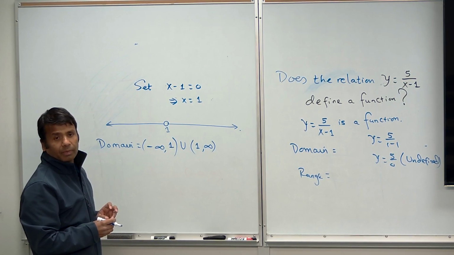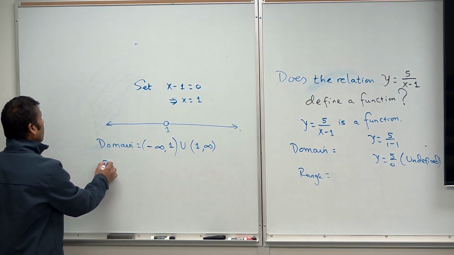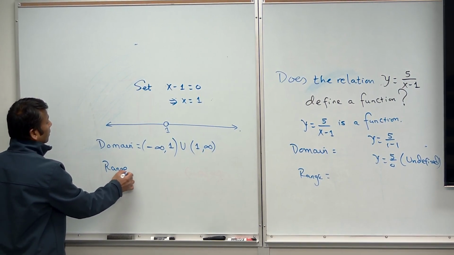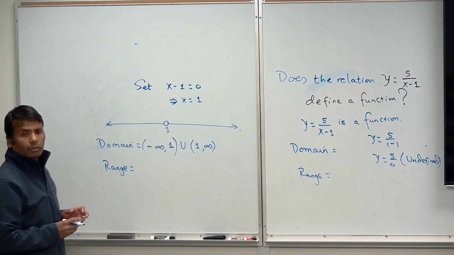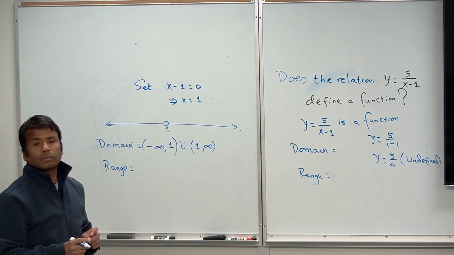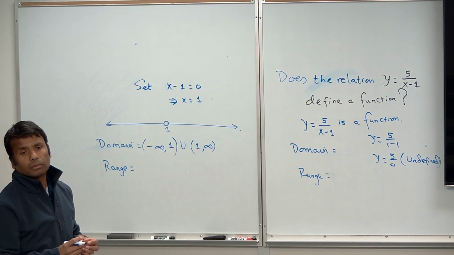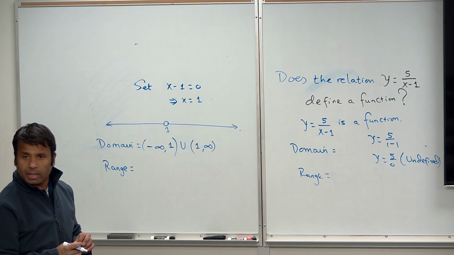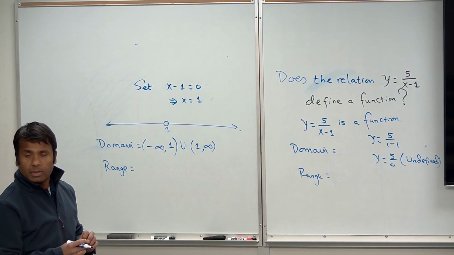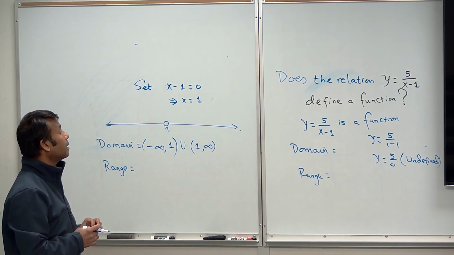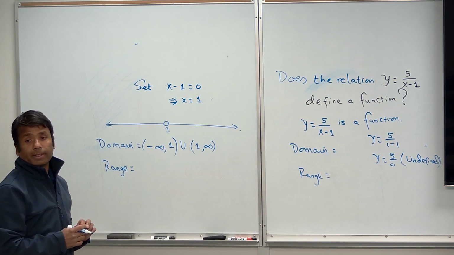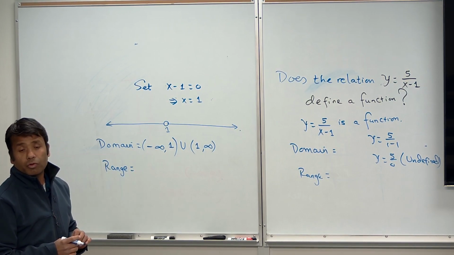That makes sense? And what about range? How do you find the range? The range is the set of y values, is that right? So your y values, it cannot be what? 0.